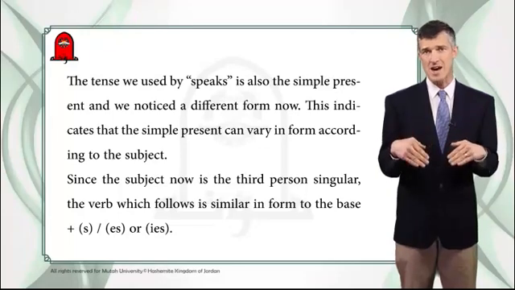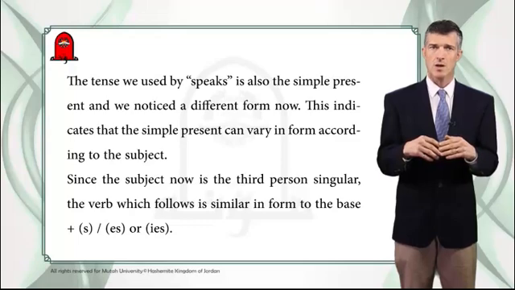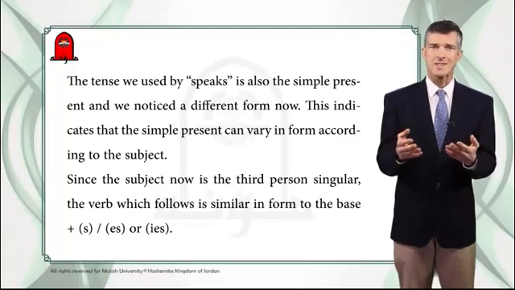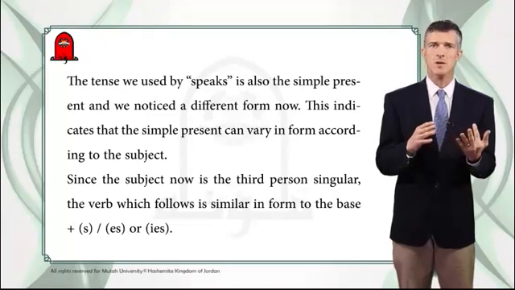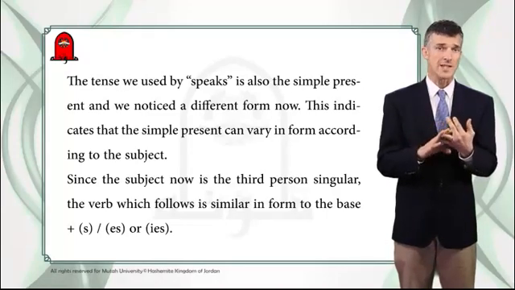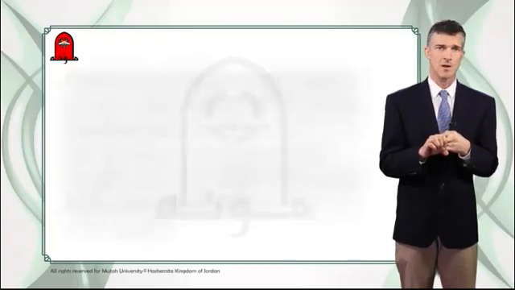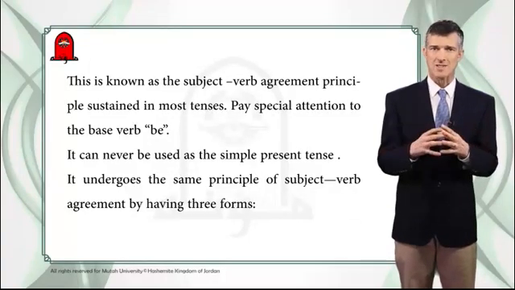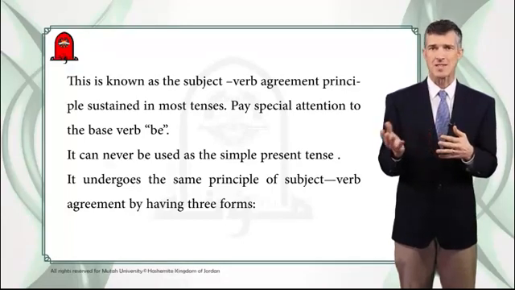Since the subject now is the third person singular, the verb which follows is similar in form to the base plus s or es or ies. This is known as a subject-verb agreement principle, sustained in most tenses.